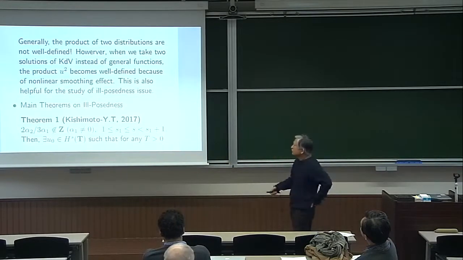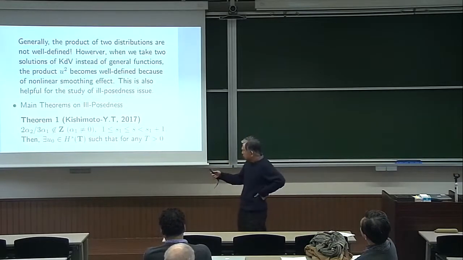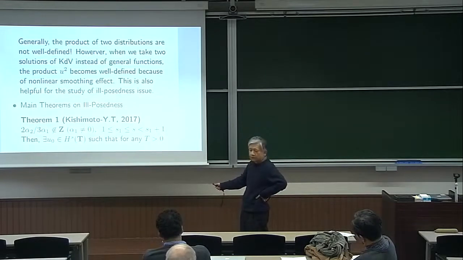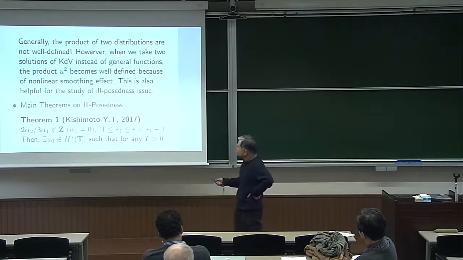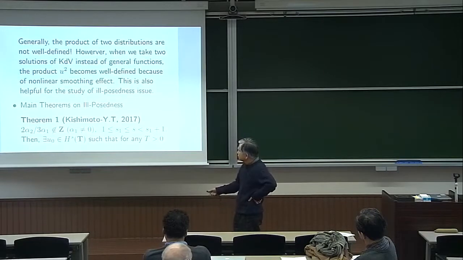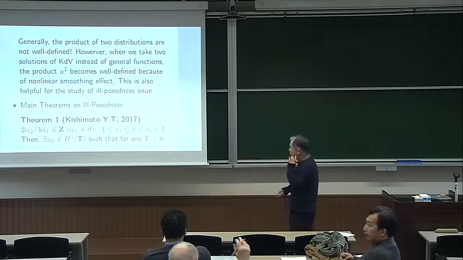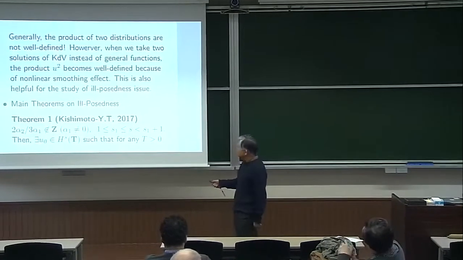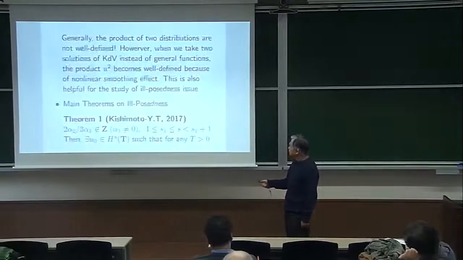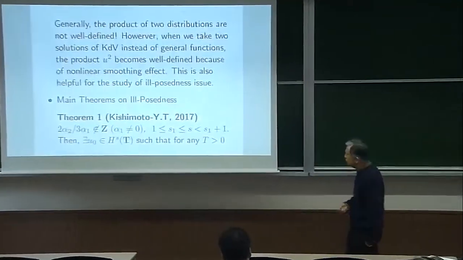Now, I would like to tell you our main theorem on the ill-posedness. The first theorem is concerned with non-existence of solution. We assume the non-resonant condition, which I will explain later, and s and s1 satisfy these inequalities.